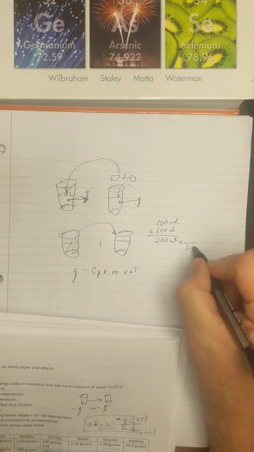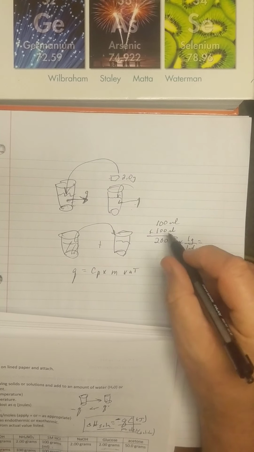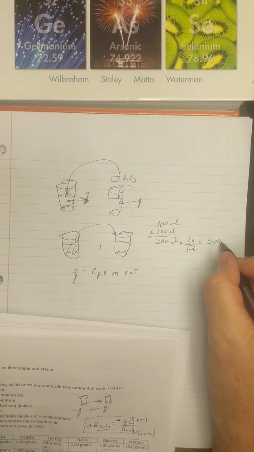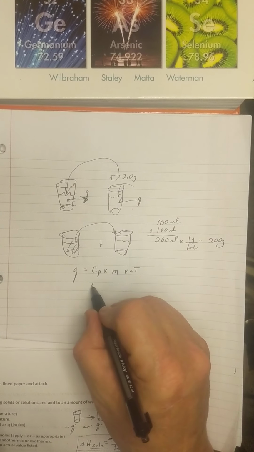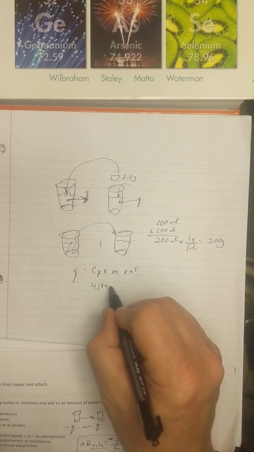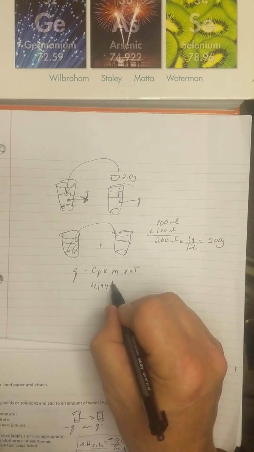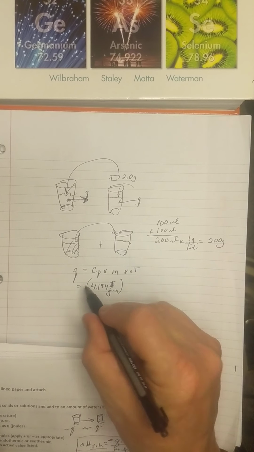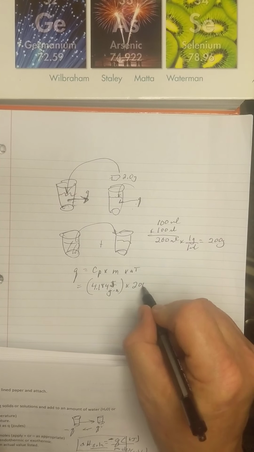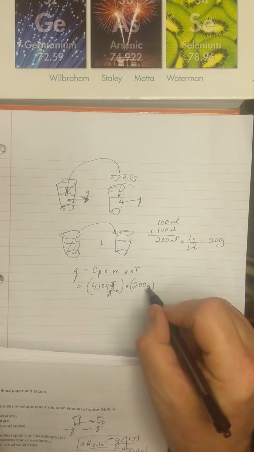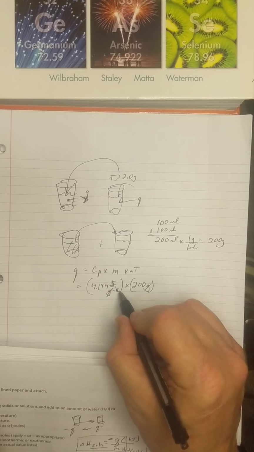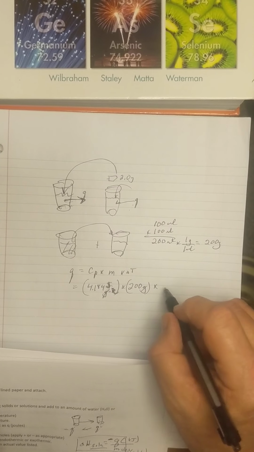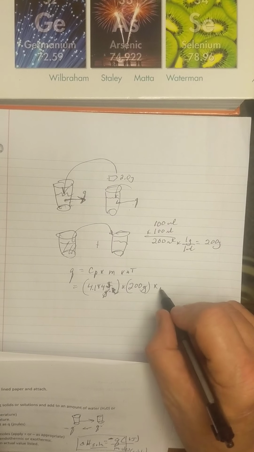You have to know that 1 milliliter equals 1 gram for water, and we're going to assume that it's mainly water. So the 200 milliliters becomes 200 grams. So you have 4.184 joules per gram per degrees Celsius, times 200 grams. Grams cancel out, and then times the temperature change.